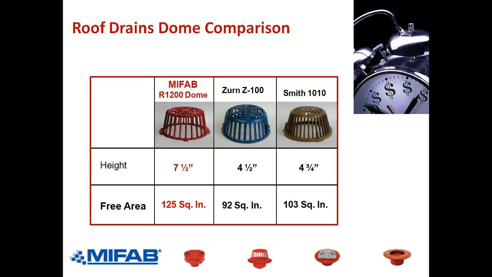Our flow performance was better than most, and the reason we believe that's the case is the width of the area between the slots. You'll notice that when you look at the other two, the area between each of the vertical ribs in the roof dome, the slots, is wider. So that provides more area for water to come in, greater flow capability.